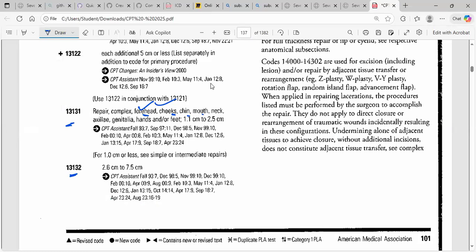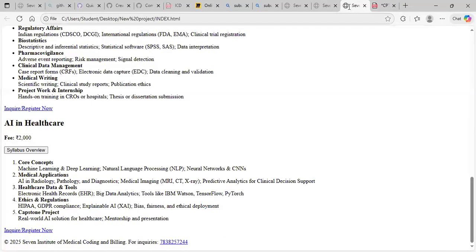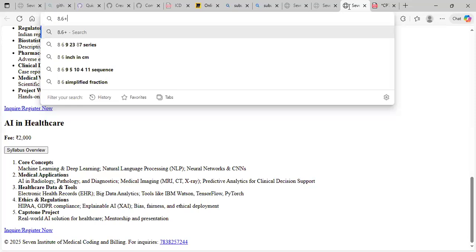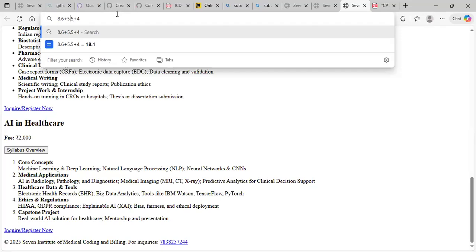So we are going to add the forehead and the cheek only. So if we add this, that will be 18.1.